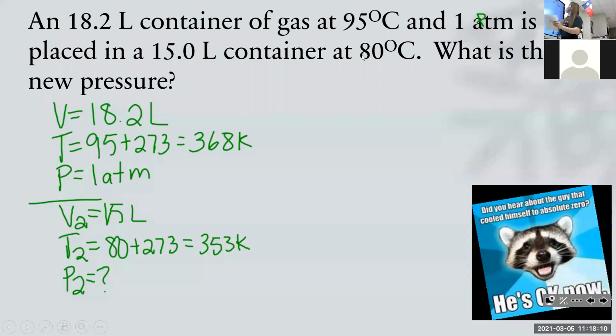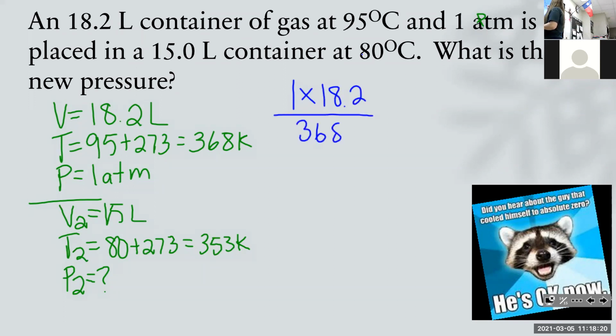We have P1, which is 1, times V1, 18.2, over T1, equals P2 times V2 over T2.